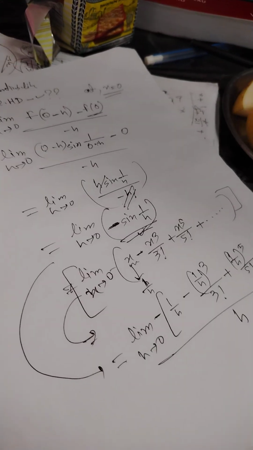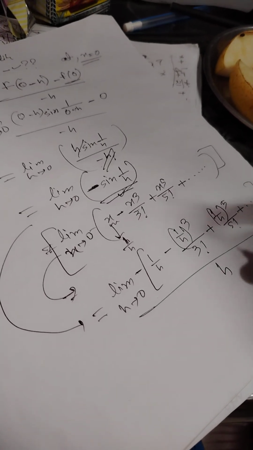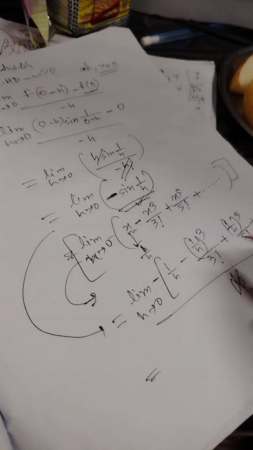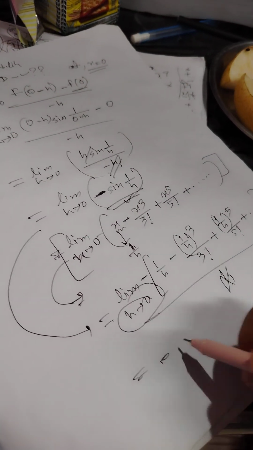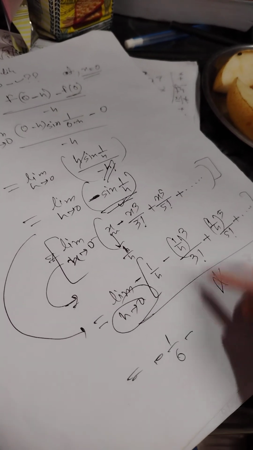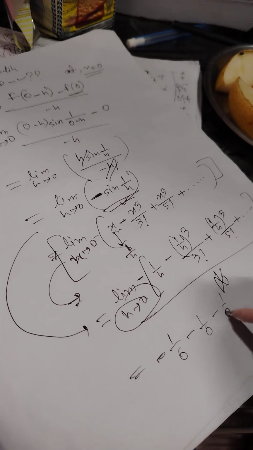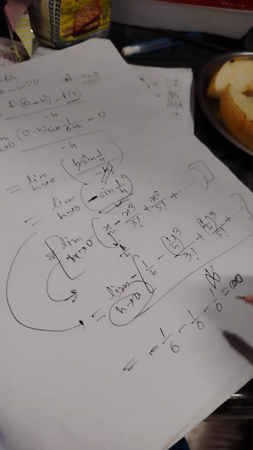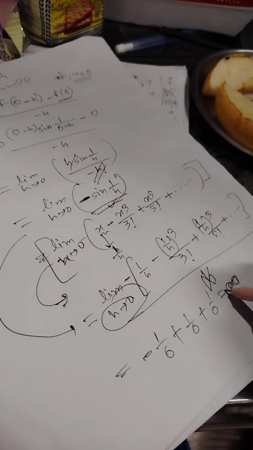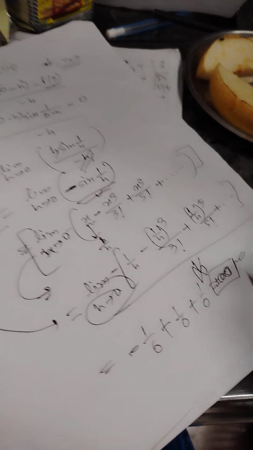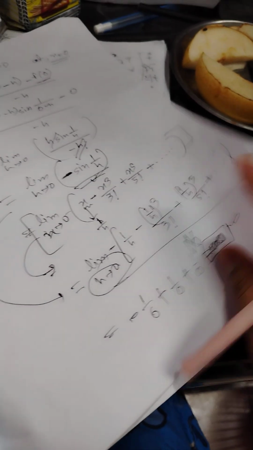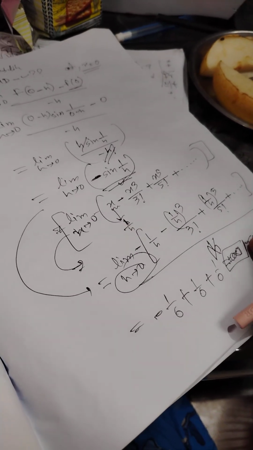If we just multiply, we write 1 by 0 minus h, we get not a finite value but plus or minus infinity. It's not a finite value, is it? It's not.